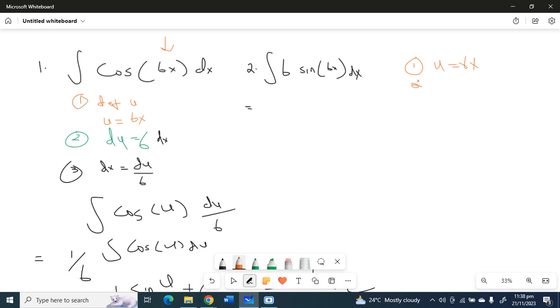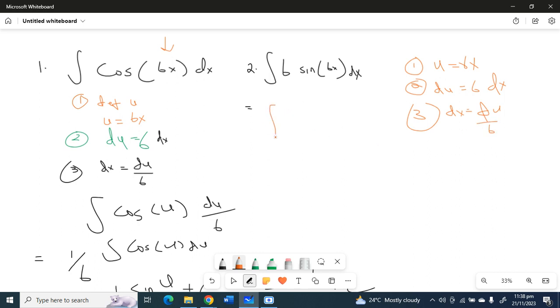Step 2, we need to derive u. So we're going to say du equals, the derivative of 6x is 6 dx. After you derive, always put dx. Step 3, make dx the subject of the formula. So you're going to say dx, divide both sides by 6. So dx, just as earlier on, will be du over 6.